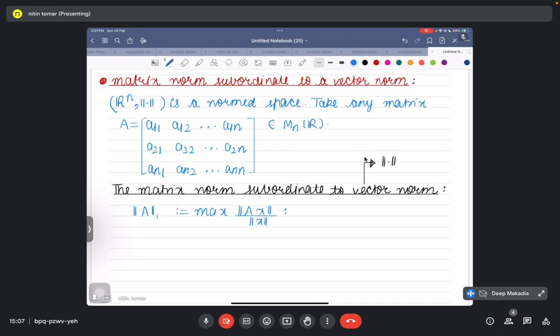Just for the time being I'm calling it op. So this maximum runs over all those x in Rn such that x is non-zero. Am I correct? So everyone is clear with this definition? At least the definition.